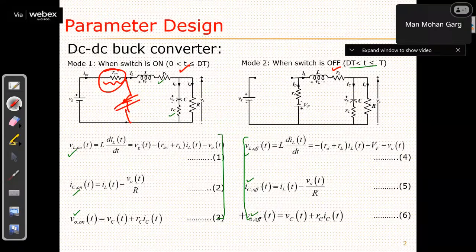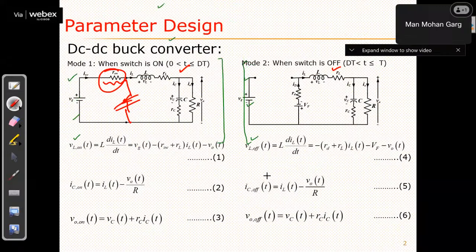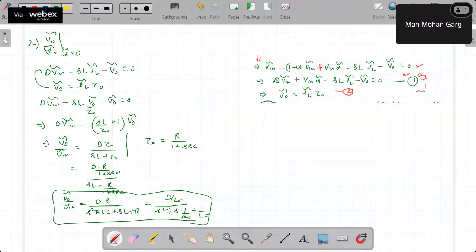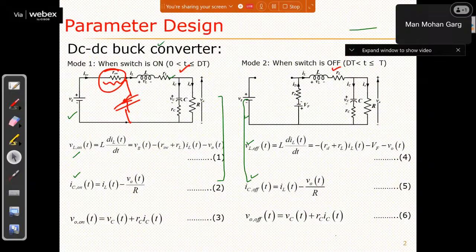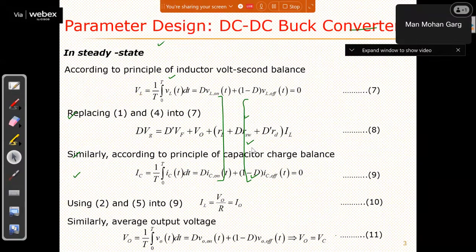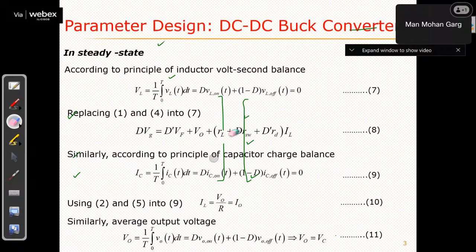The next part is the DC analysis, the steady state analysis. In steady state analysis, we do volt second balance first.